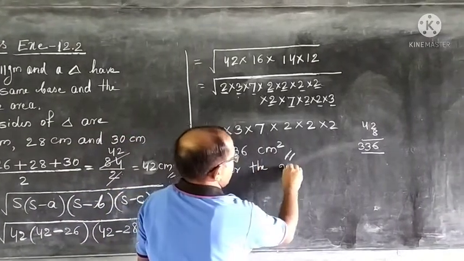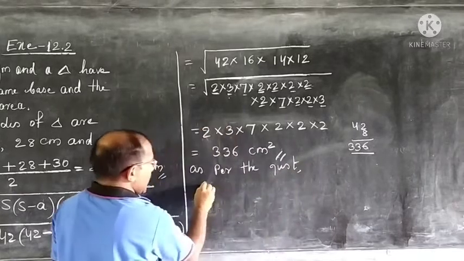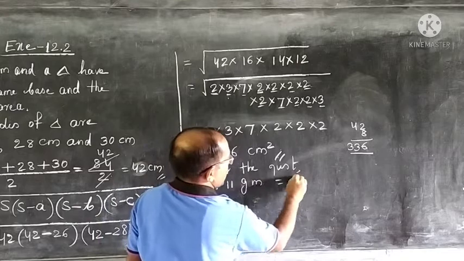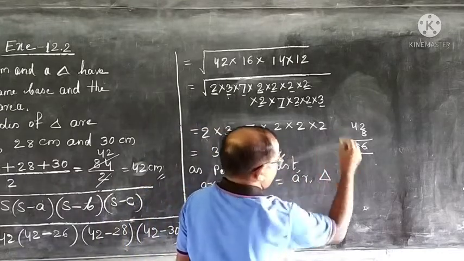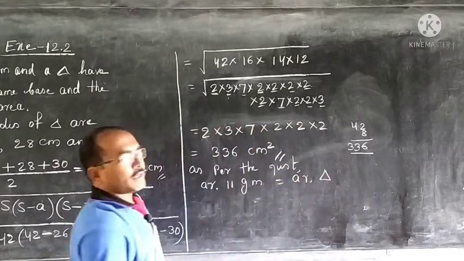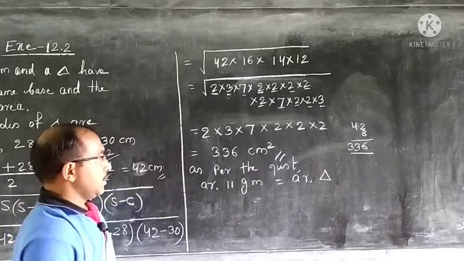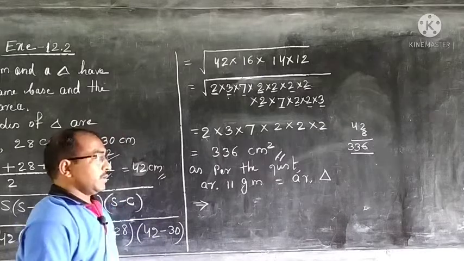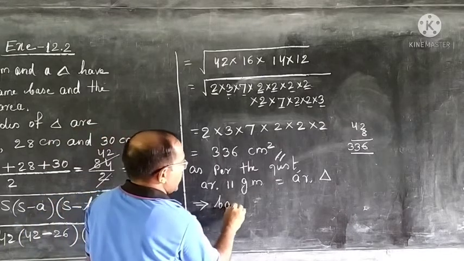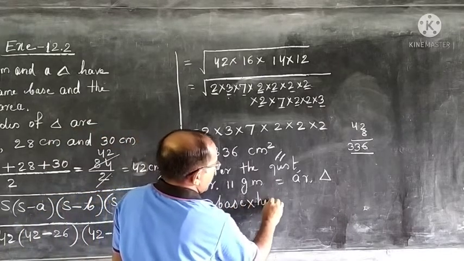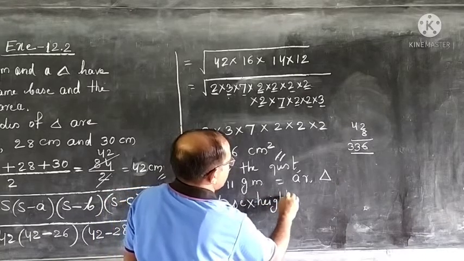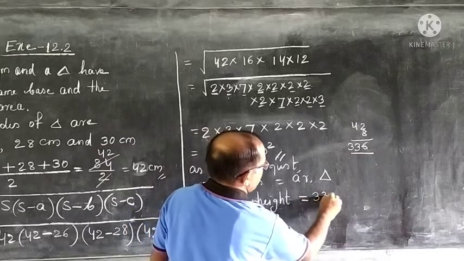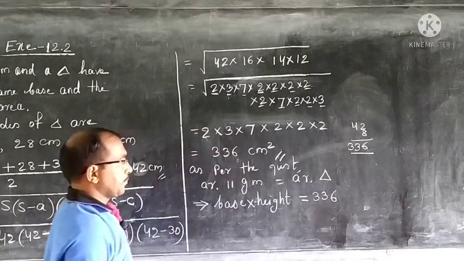The question is saying area of parallelogram is equal to area of triangle. We just use a symbol instead of writing the full words. The area of a parallelogram is base into height, and the area of the triangle we have calculated is equal to it, 336.